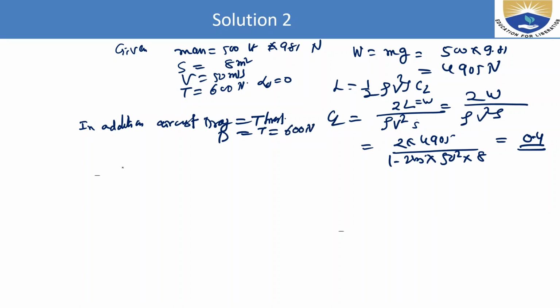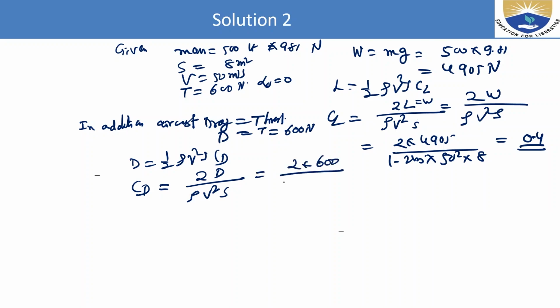We know that D is equal to half rho V square S CD. So CD is equal to 2 into drag divided by rho V square S: 2 into 600 divided by 1.225 into 50 square into 8. So you will get 0.049. This is the coefficient of drag.